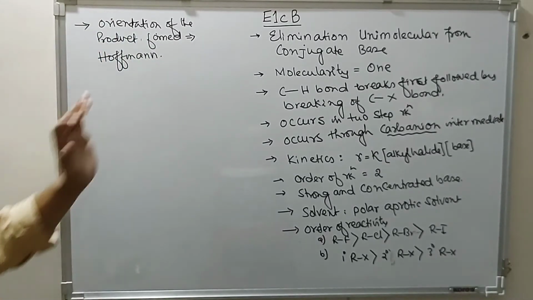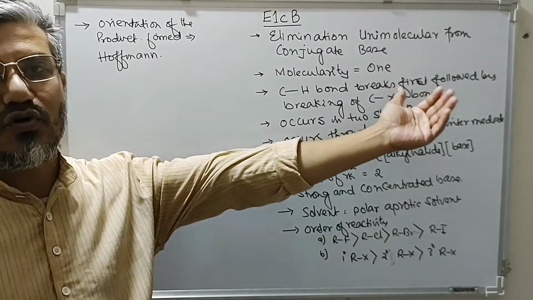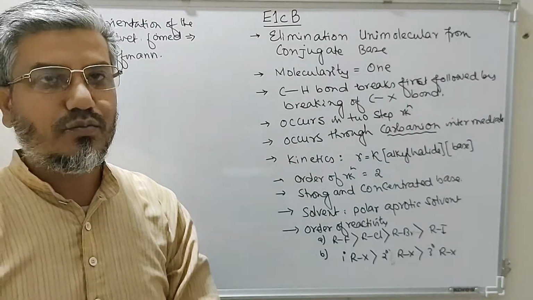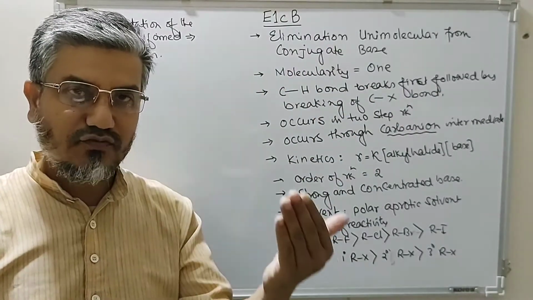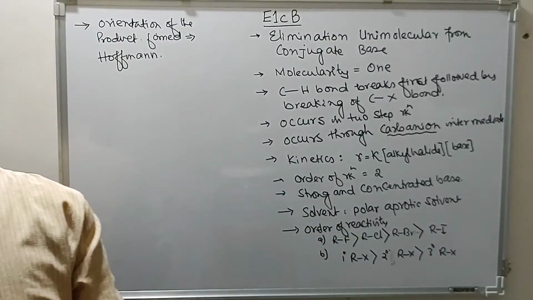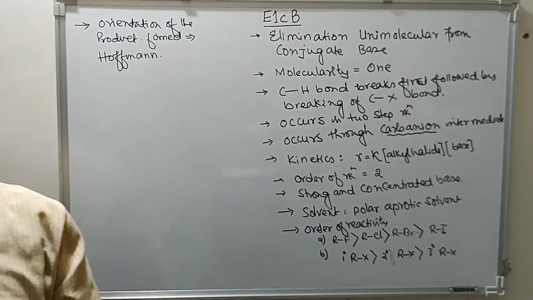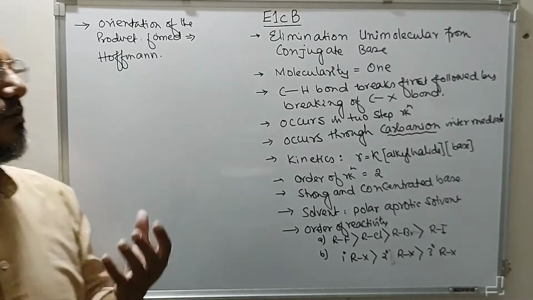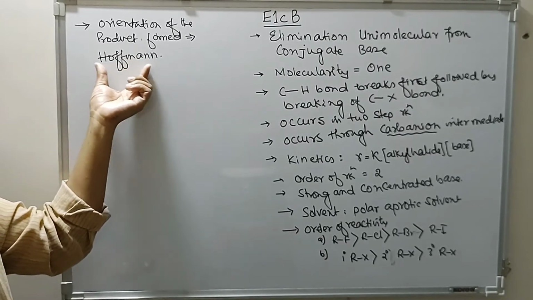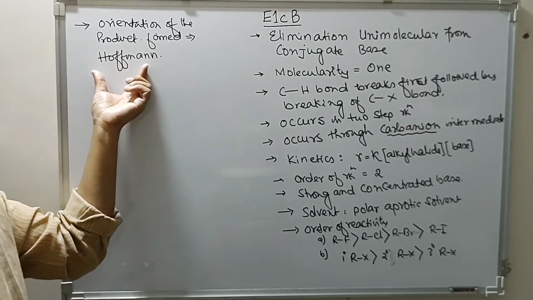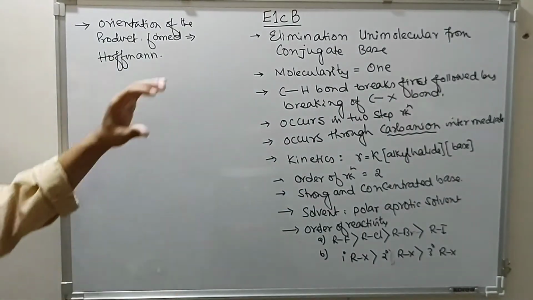So Hoffman will be forming as a major product and the Saytzeff elimination product will be forming as a minor product. Whereas in case of E2, Hoffman was forming as a minor product unless there was some sterically hindered system or if the base was sterically hindered. But in case of this E1cB, Hoffman will be forming as a major product and the Saytzeff will be forming as a minor product.